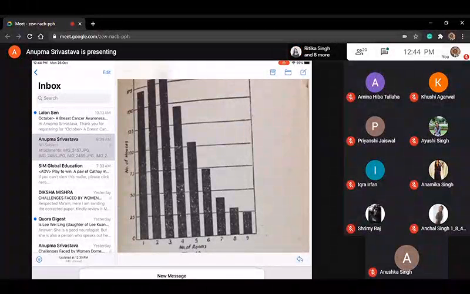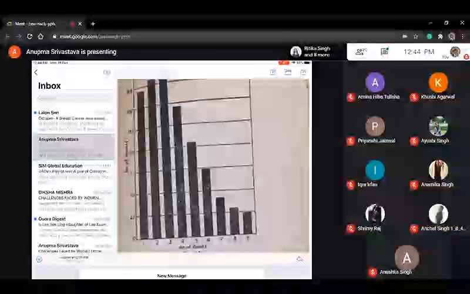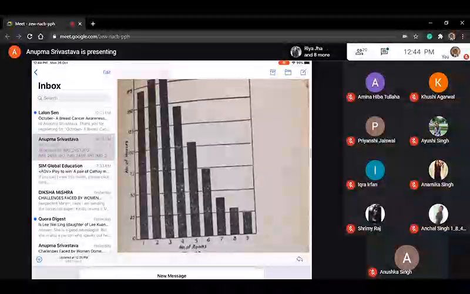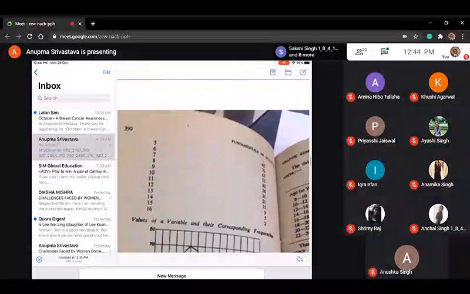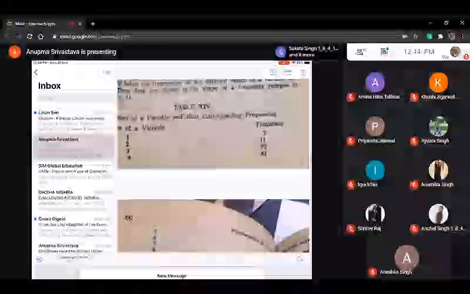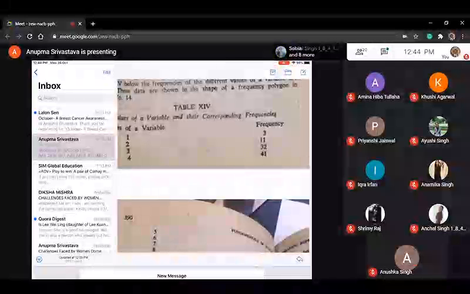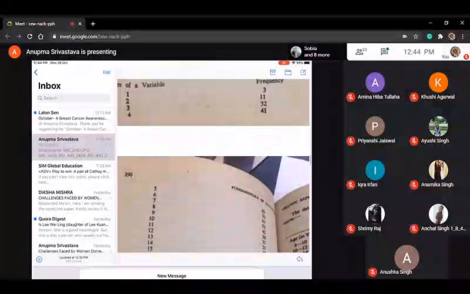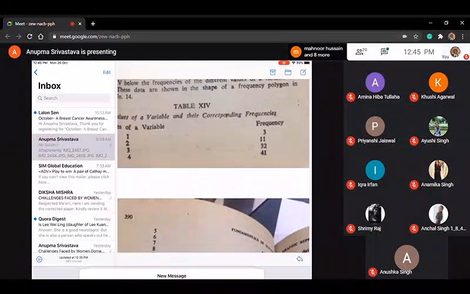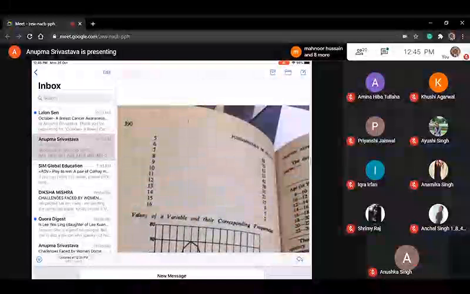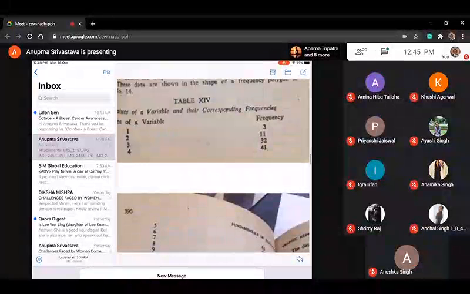And this data can be shown by a discontinuous curve also. For example, here, if you see this data, they have written the value of a variable in the first column, 1 to say 16, and you have the frequency given here. So it's a discrete series example, because you don't have a class interval, you have x and you have f.